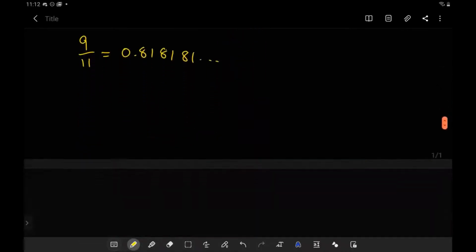Similar to how we were doing hundreds, tens, and ones, I just want to take a little time to go through tens, hundreds, thousands, and so on. We had hundreds, tens, ones, then we have tenths, hundredths, as in 1 over 100, thousandths, and so on.